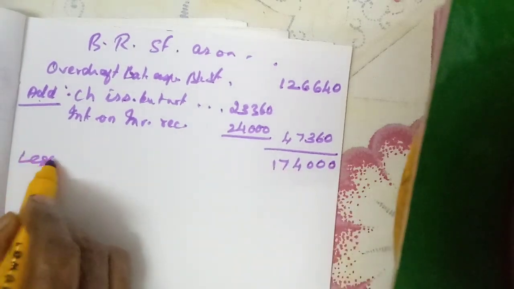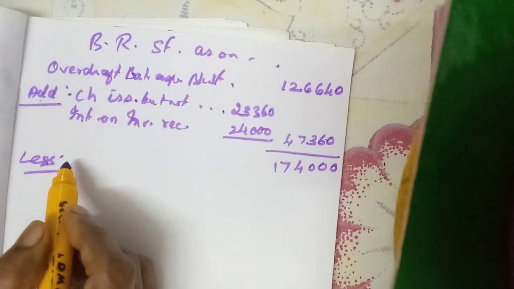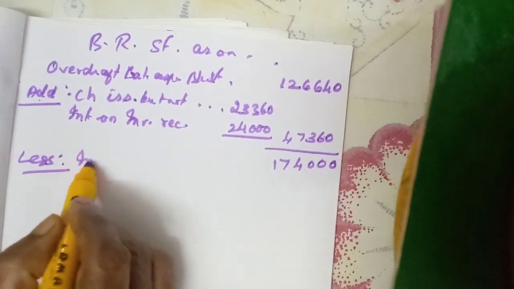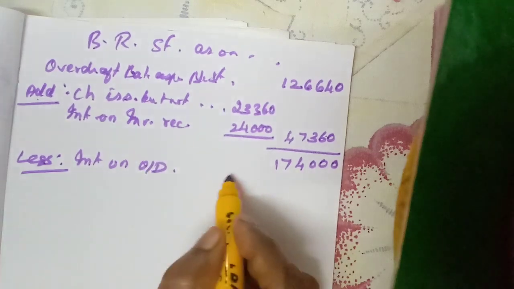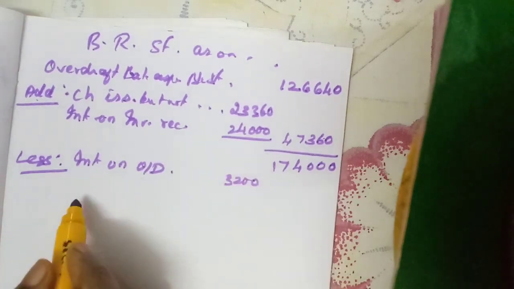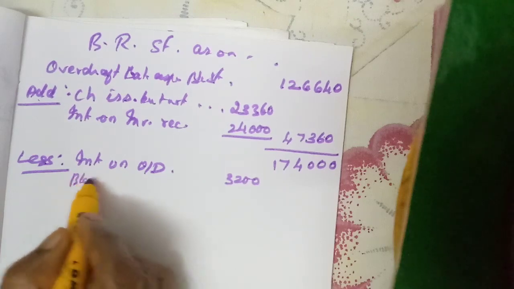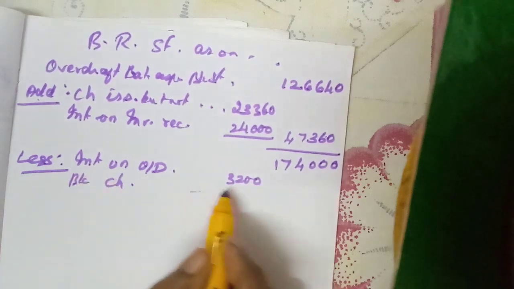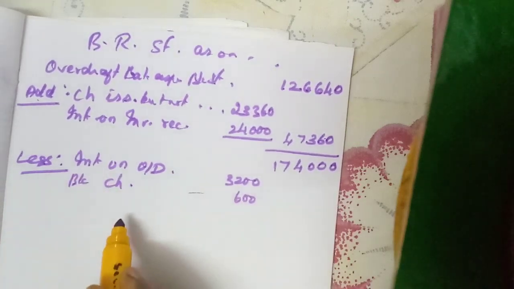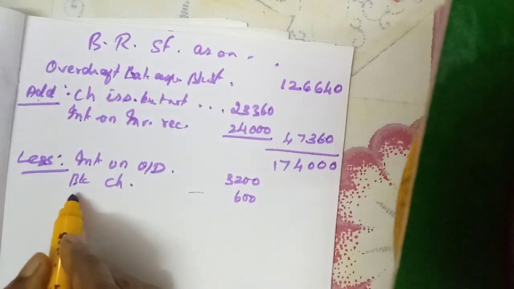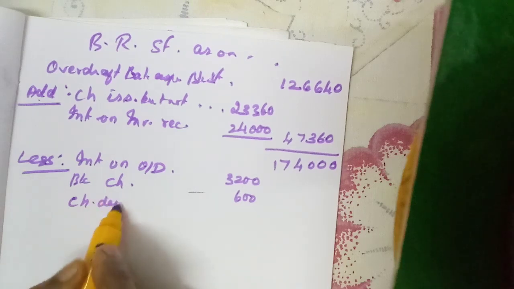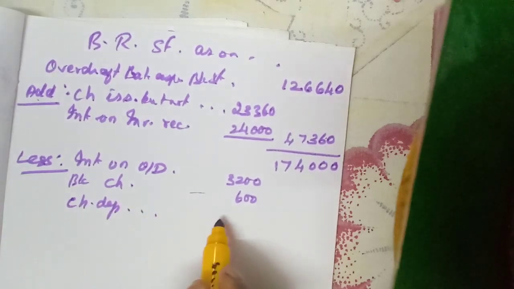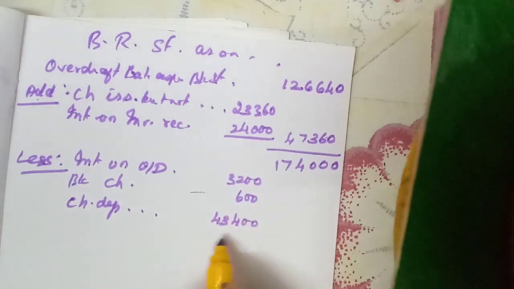Then what should be deducted? First one, interest on overdraft 3,200. Then bank charges 600. Then check deposited but not yet credited 43,400. That's all.